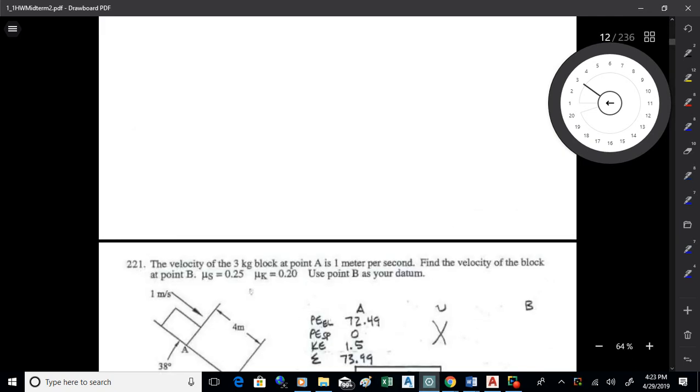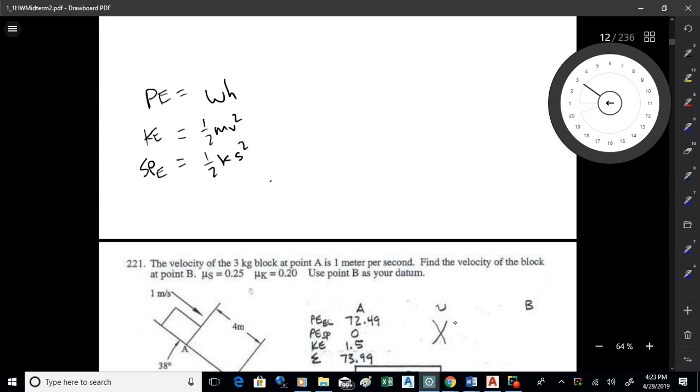what you've got there is you've got the potential energy. That's the weight times the height. You got the kinetic energy, and that's 1/2 mv squared. And then you got spring energy, which is 1/2 ks squared.